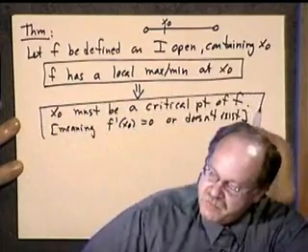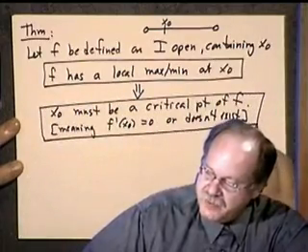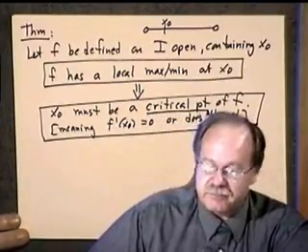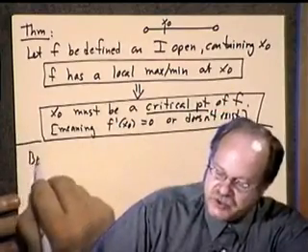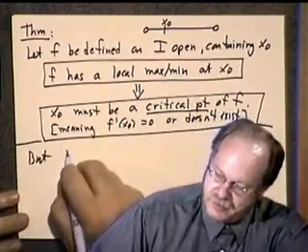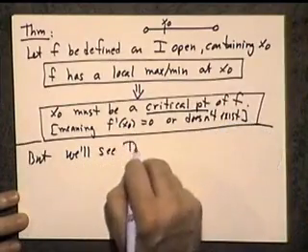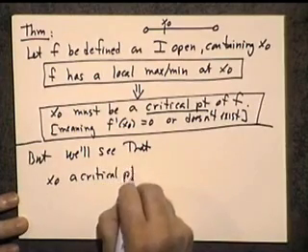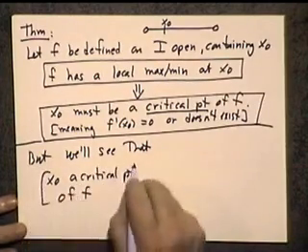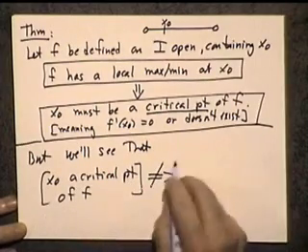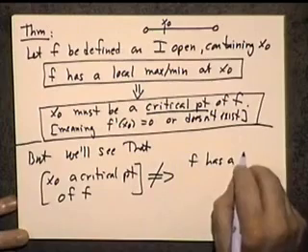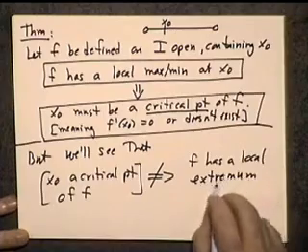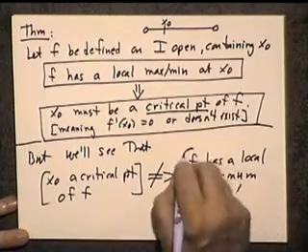So if you have a local maximum or minimum on your graph, then the point x naught above which or below which it occurs is a critical point. But we'll see that the reverse direction doesn't work. That x naught being a critical point of some function f does not go backwards and imply that f has a local extremum at x naught.